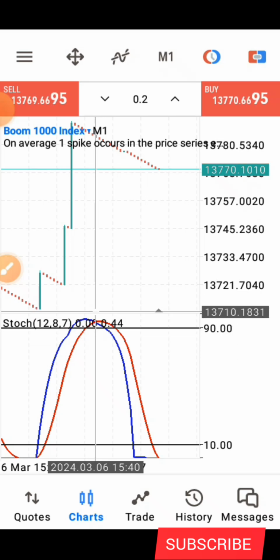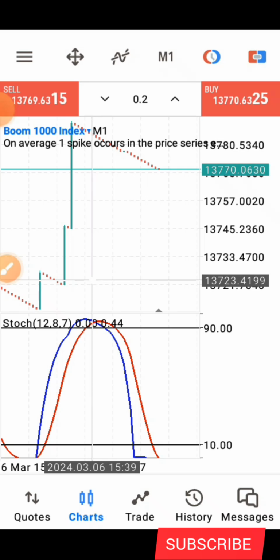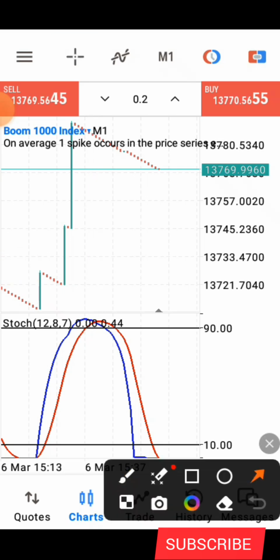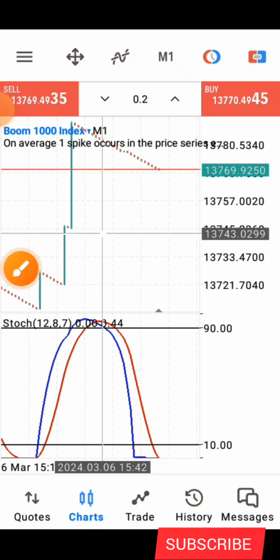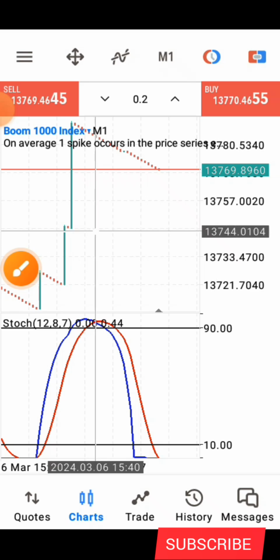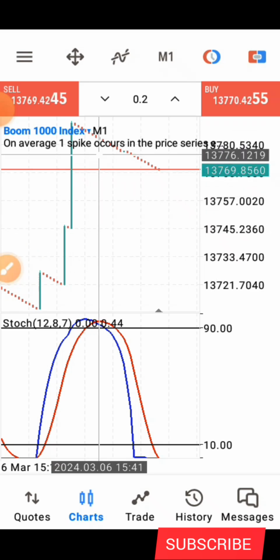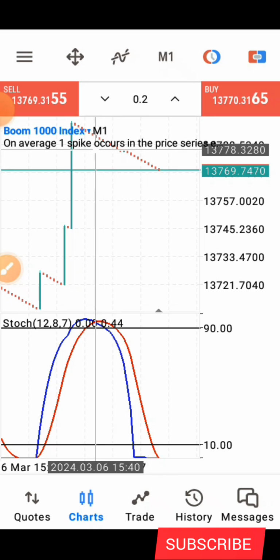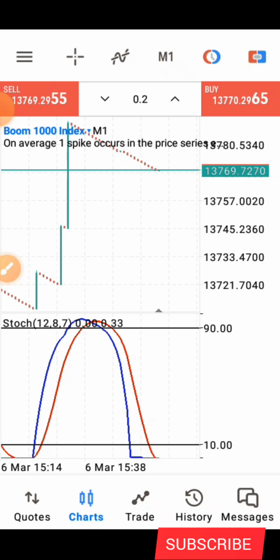Once you see that, the next thing is to wait for the crossing. Once the blue crosses below the red, you are to go in for 5 candles. This is the area I should have taken my 5 candles, right here where the crossing happened. And you can see right now we have gotten more than 5 candles here.